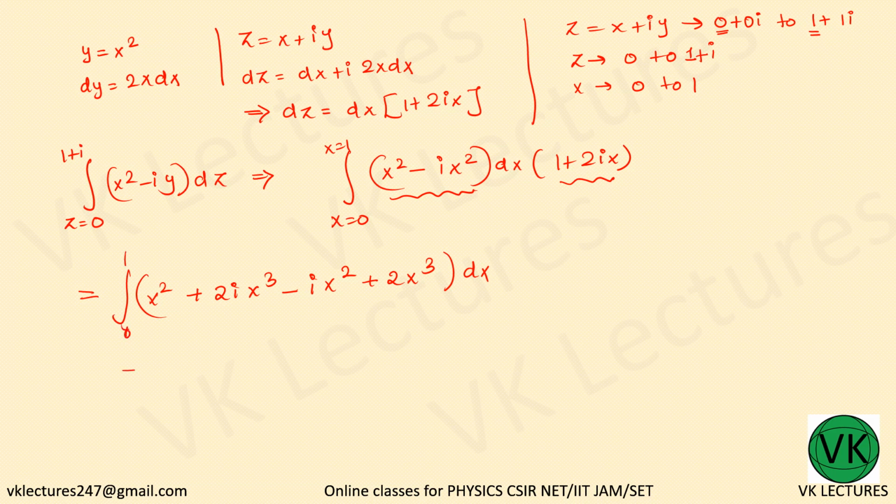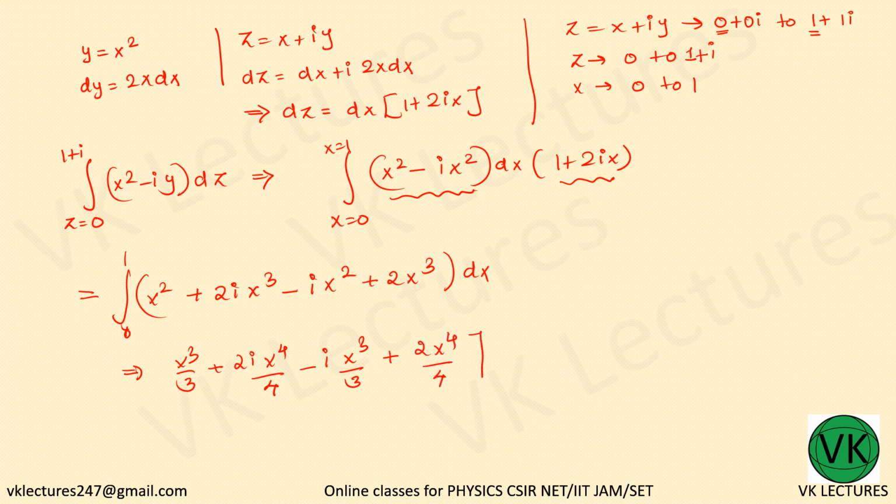So each term we can take: x cube by 3, again 2i into x to the power 4 by 4, minus i into x cube by 3, plus 2x to the power 4 by 4.